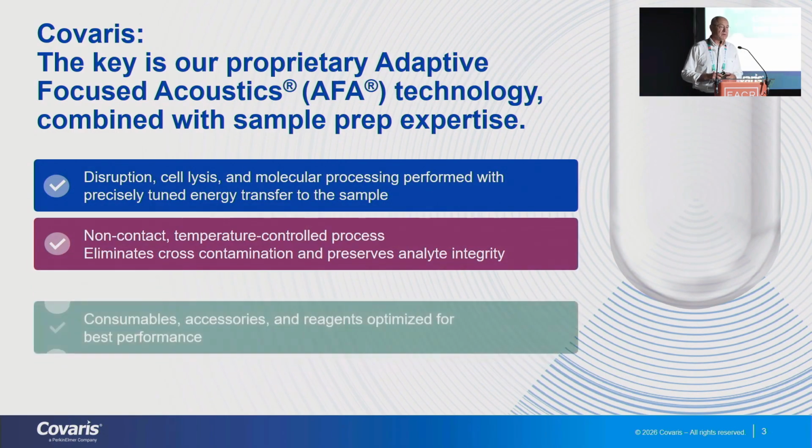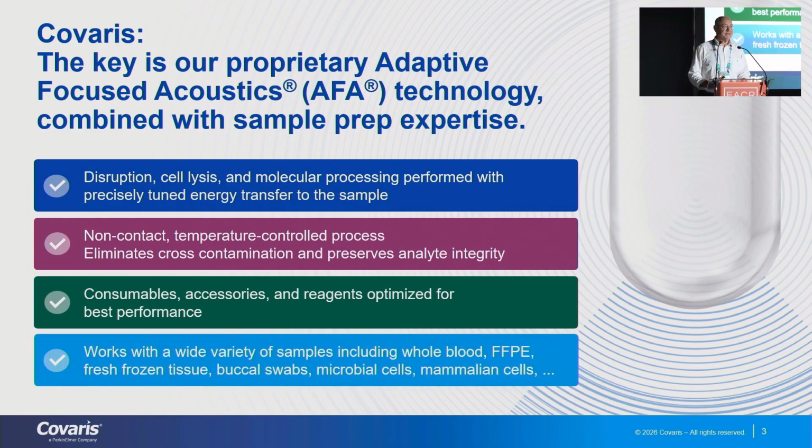So Covaris, probably most of you know Covaris as the DNA shearing company, but the technology we base our solutions on is called Adaptive Focused Acoustics, and that can be used for much more than just the shearing of DNA. So it can be used for disruption, cell lysis, molecular processing, and the trick is that we transfer very accurately the energy to the sample.